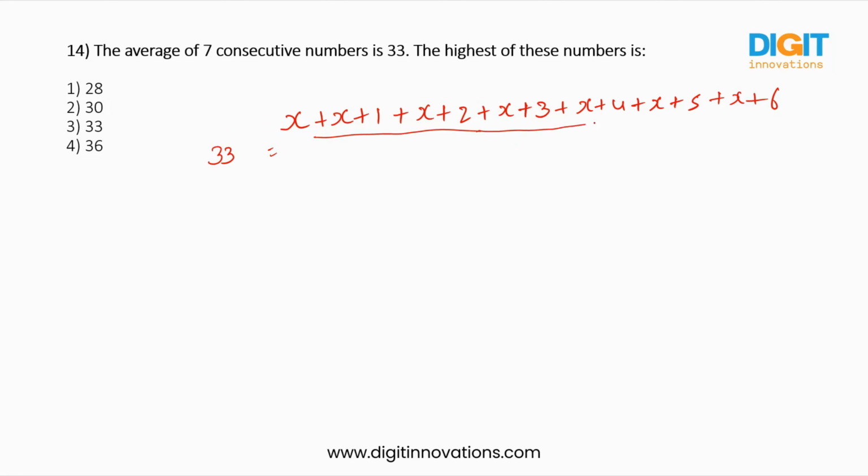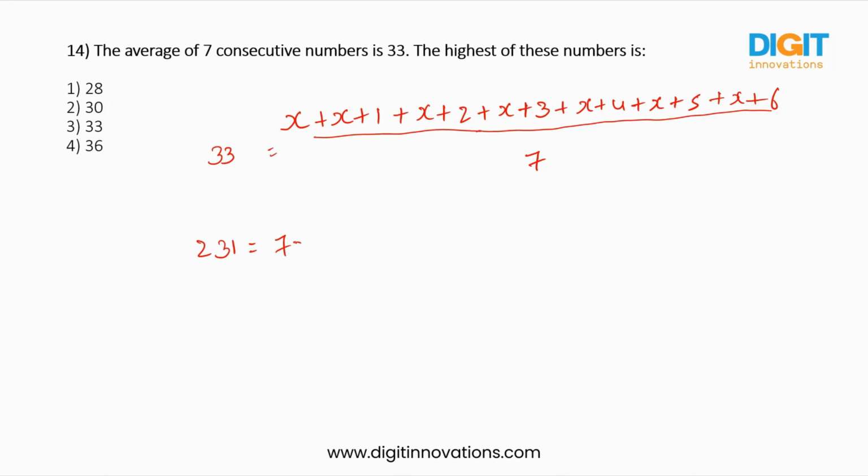So 33 by 7. Taking the 7 to this side, you will get 231 here. So x, let us count x first: 1, 2, 3, 4, 5, 6, 7.